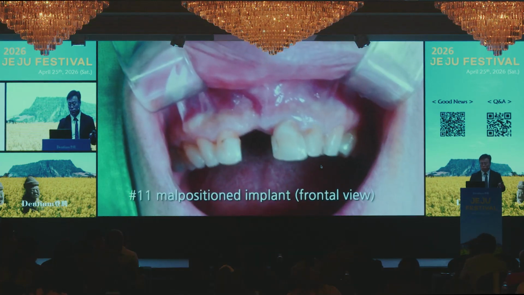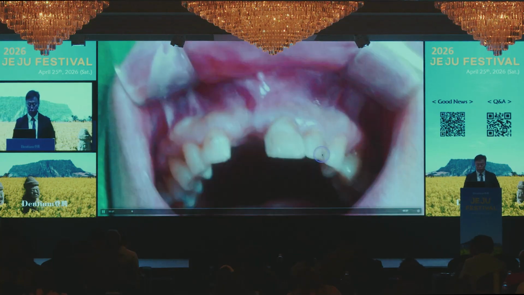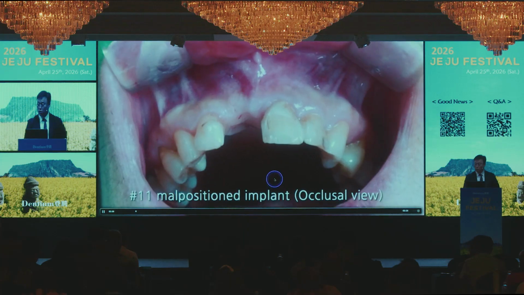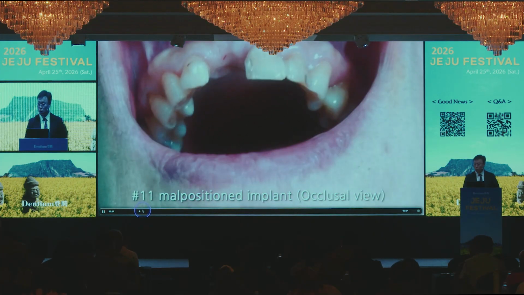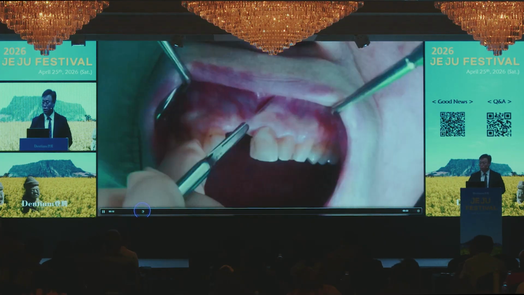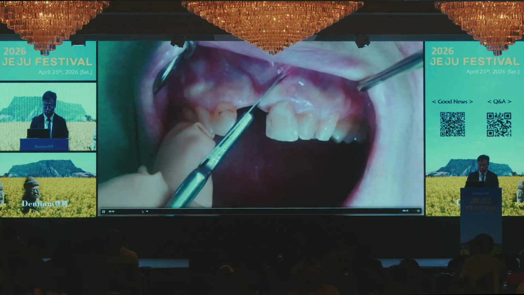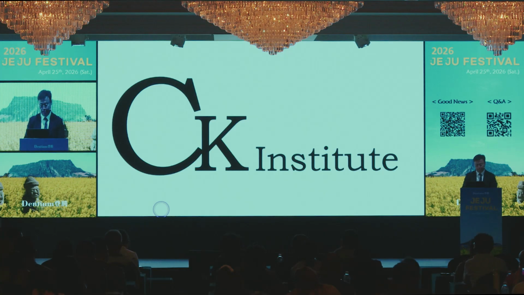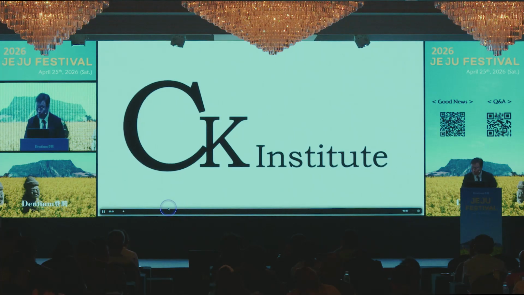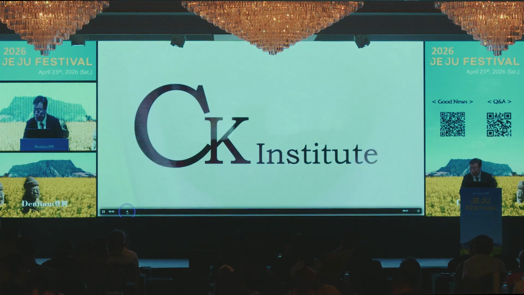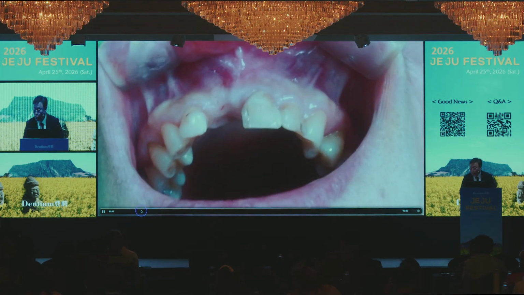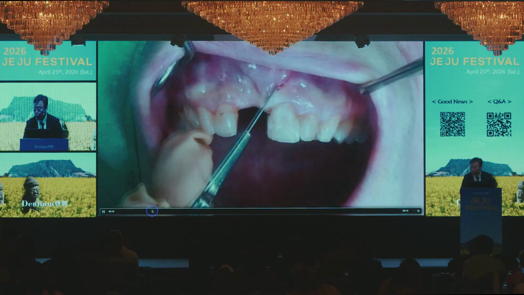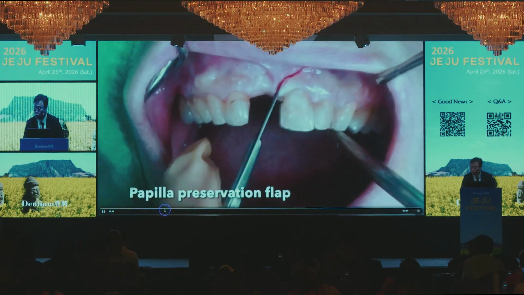It's not because of peri-implantitis in this case. It was malposition of the implant. So therefore, we had to remove the implant because it was malpositioned.